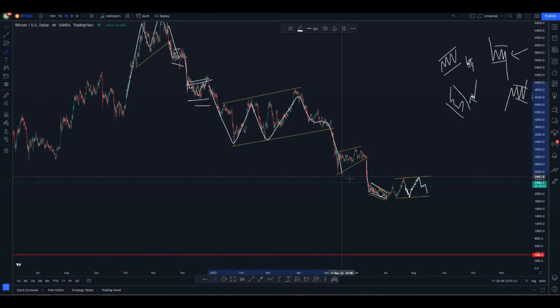You see the difference between the patterns: a structural pattern, a corrective pattern, a structural reversal, and then a corrective reversal. Nothing deep.